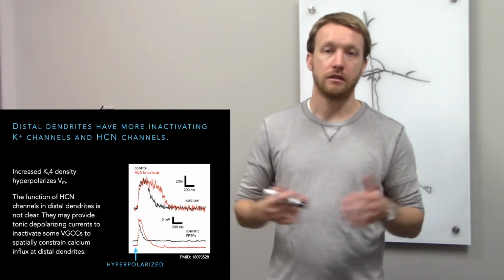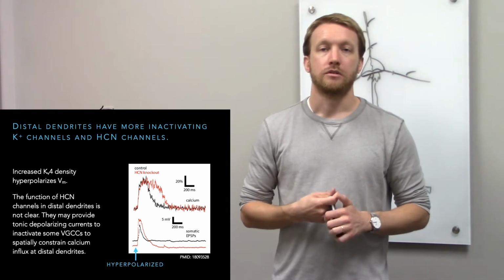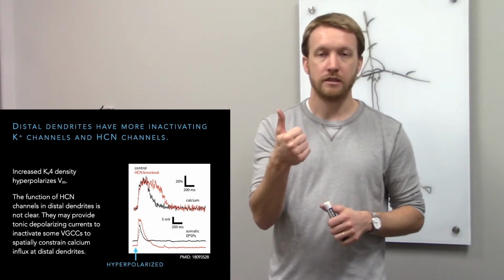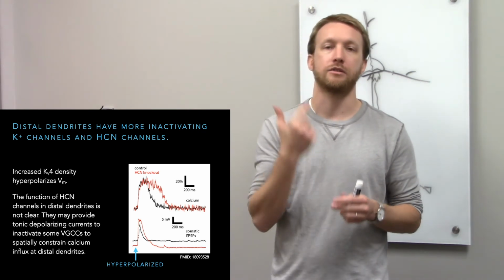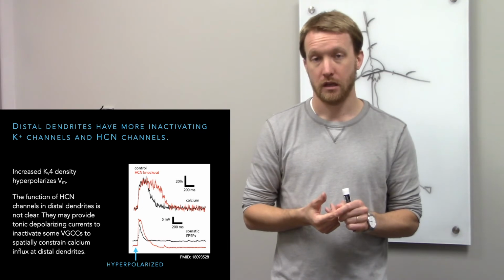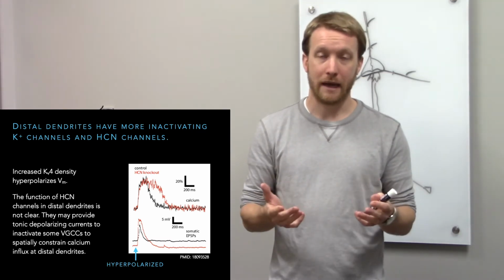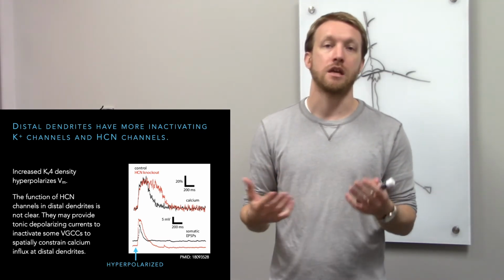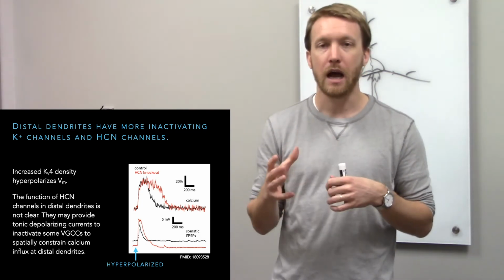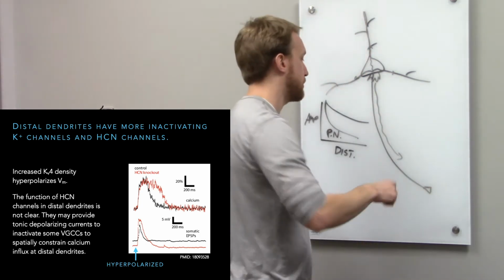Let's look at the data and then we'll see if we believe it. So we're looking at calcium imaging in the dendrites on top, and we're looking at somatic excitatory postsynaptic potentials on the bottom. Black is a control mouse, and red would be an HCN knockout mouse, so no HCN channels in their dendrites.